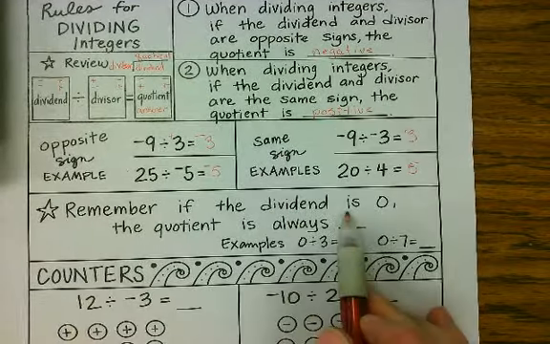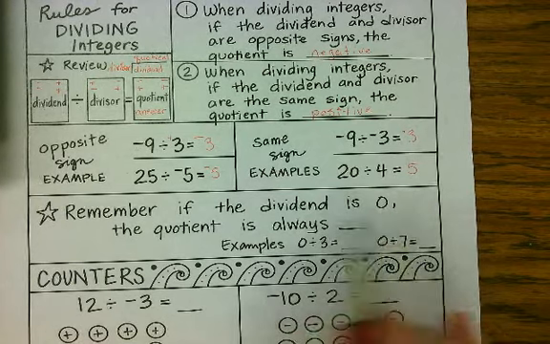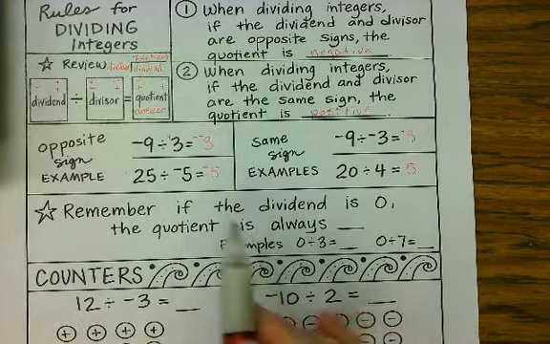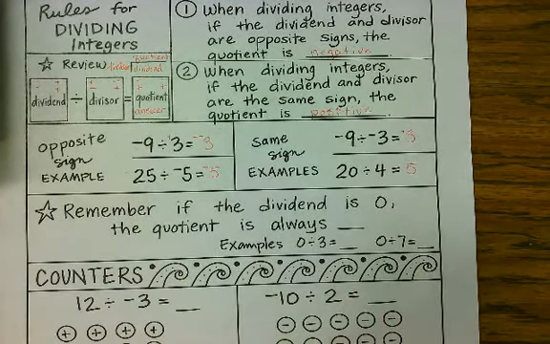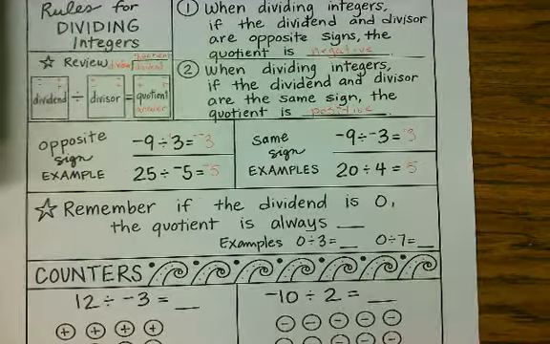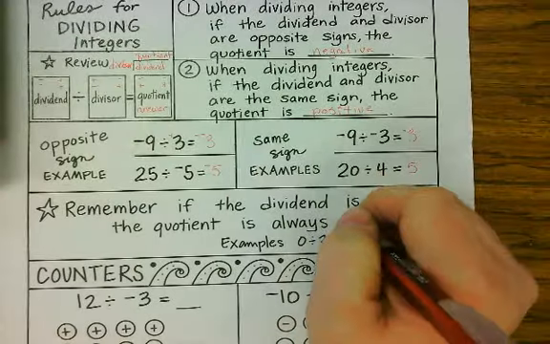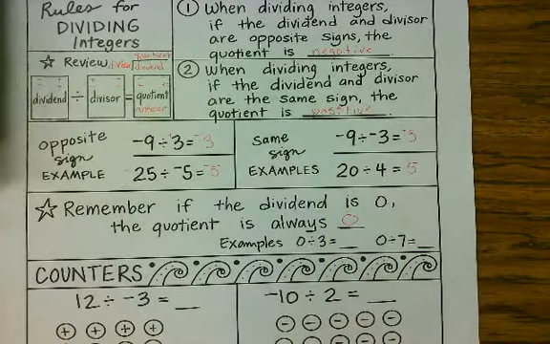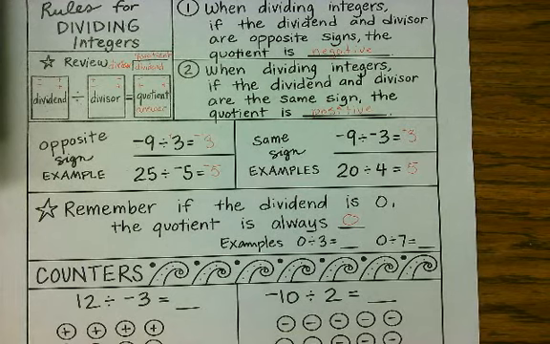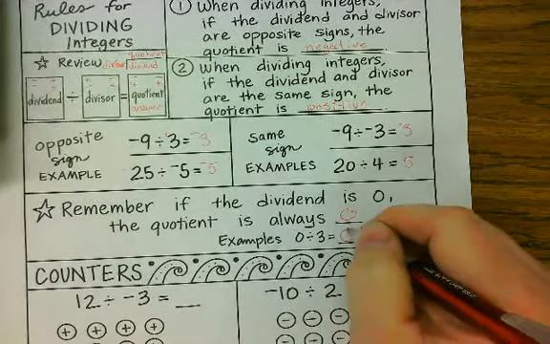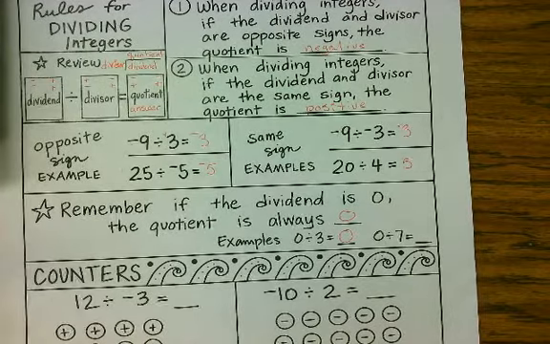Remember, if the dividend is 0, the quotient is always, obviously, 0. And 0 is not positive, nor is it negative. So 0 divided by 3 is 0. And 0 divided by 7 is still 0.